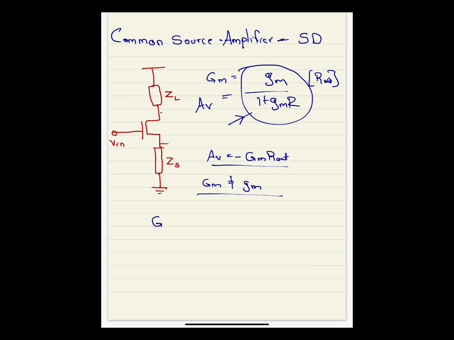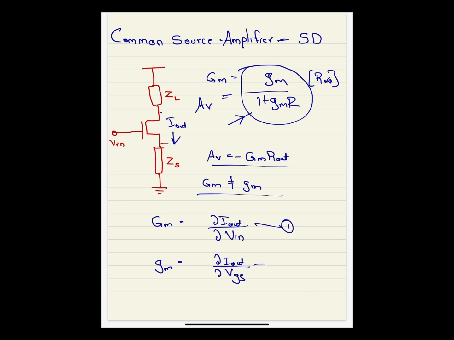So Gm would be the change in the output current divided by the change in the input voltage, that is Vin. I'm considering Iout as the current flowing through this, and gm would be the change in Iout divided by the change in VGS.